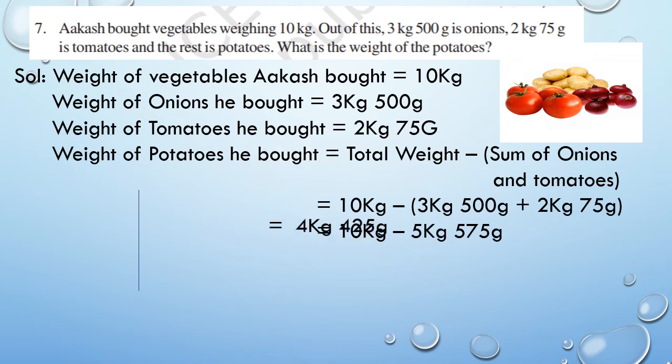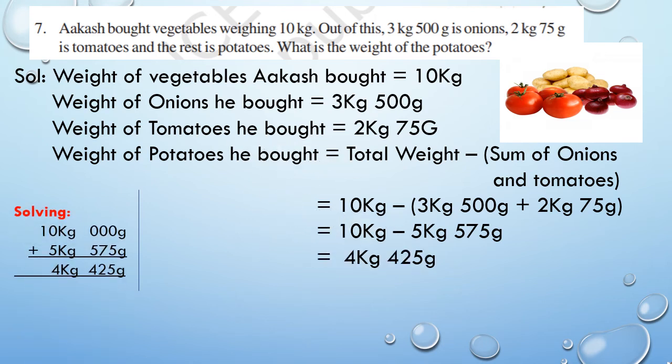So how do we do this, children? It's 10 kgs 000 grams minus 5 kgs 575 grams. So we cannot take 5 from 0, so we need to borrow from 10. So this will be 9. Here it becomes 9, here it becomes 9, and this becomes 10.